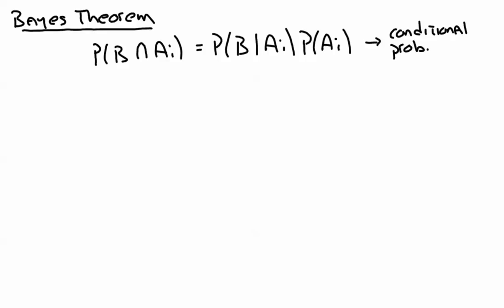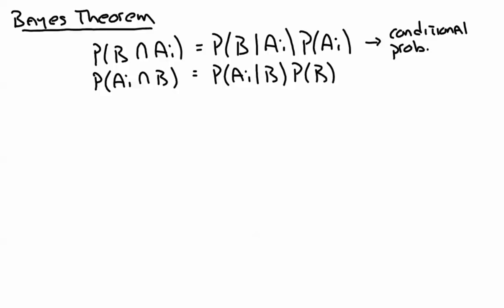Likewise, probability of A sub I intersecting B is probability of A sub I if B times probability of B. This is also just simply a statement of conditional probability.